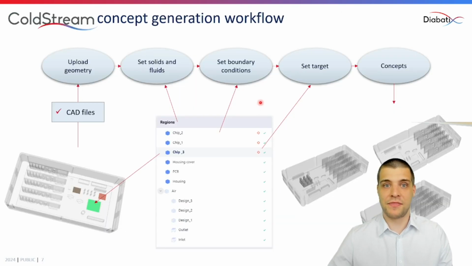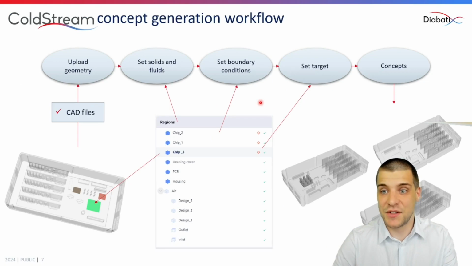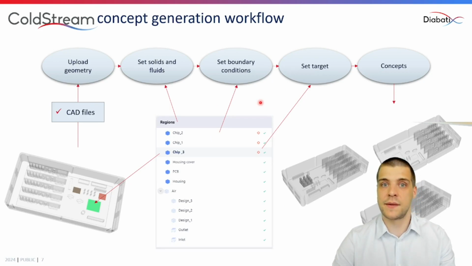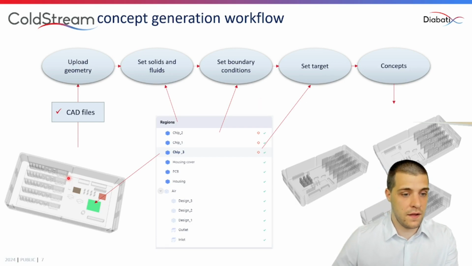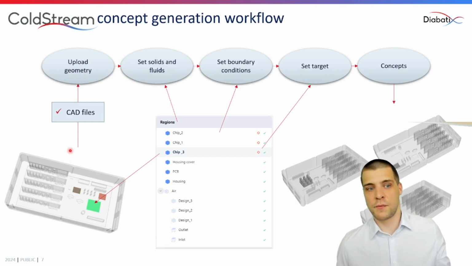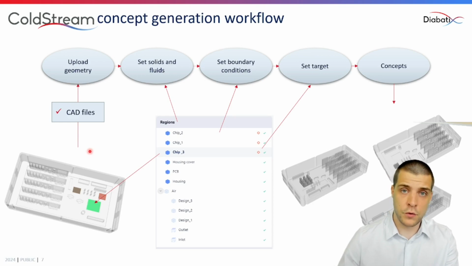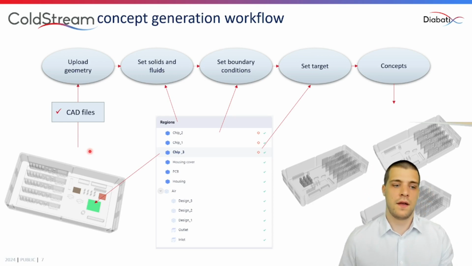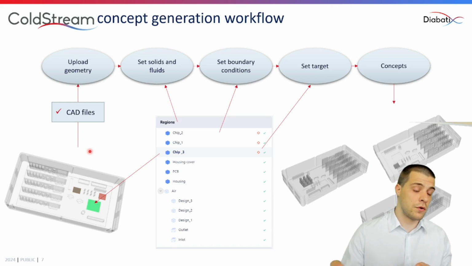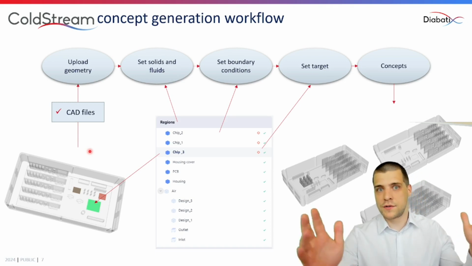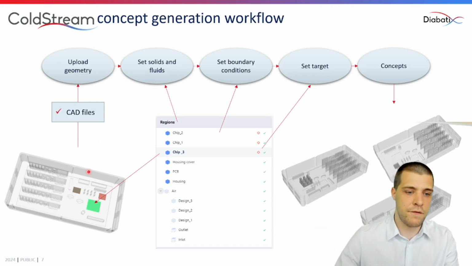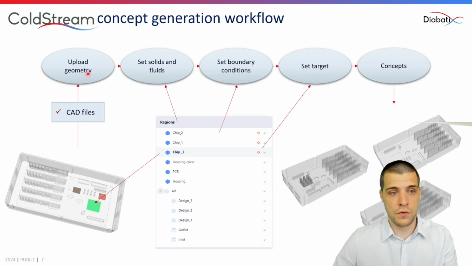Okay, you might think it's quite difficult to work with. Not at all. This slide deck highlights what steps you need to take. First of all, you upload a CAD geometry, of course. ColdStream itself is not a CAD environment. Everything needs to be prepared beforehand, so your chip layout, your housing, etc. You simply upload it to the platform using a STEP file.